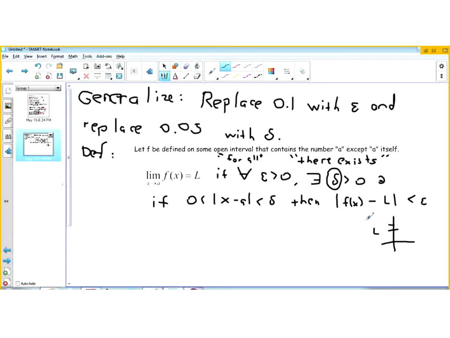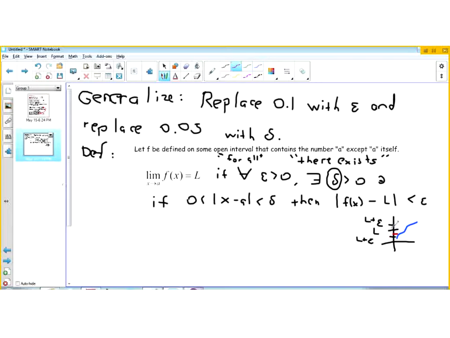Now I choose some distance from L that's bounded above by L plus epsilon and bounded below by L minus epsilon. So here's my requirement. Suppose I come along and choose this y value right here. Who knows what my function is going to be, but here's my function.